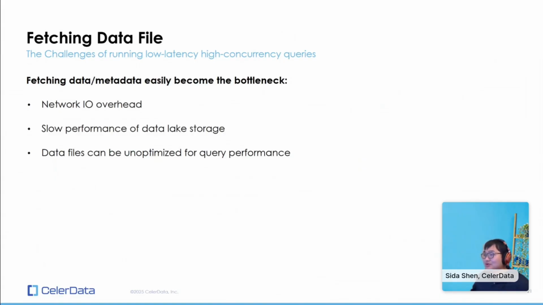It has really good durability, but the latency of S3 can be 100 to 200 milliseconds, which for a big query scan with multiple S3 reads, that latency is just not acceptable if you want lower query latency, right? And also, if your Apache Iceberg tables are not optimized, with too many small files lying around, it can be very unoptimized for query performance that way.